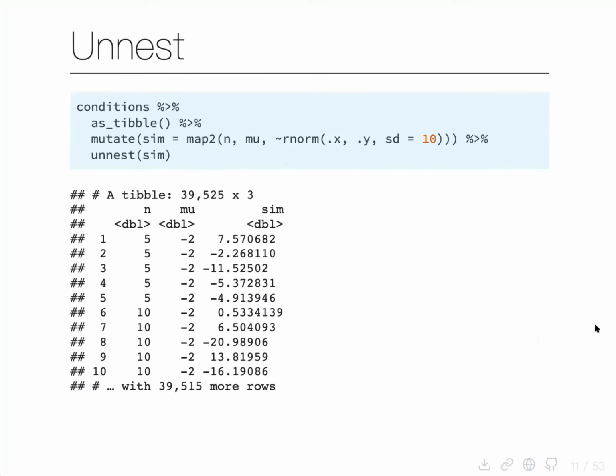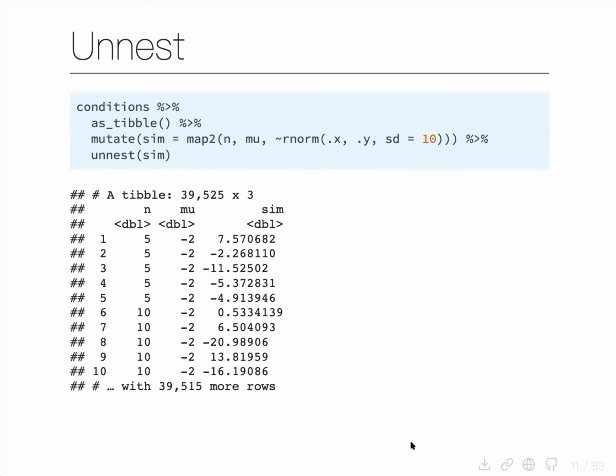From there, I could then unnest the data frame. So I'm mutating it, and when I say unnest sim, now I have a data frame that looks like this. I have the conditions over here to the left, the n and the mu, and then I have my simulated data after that.